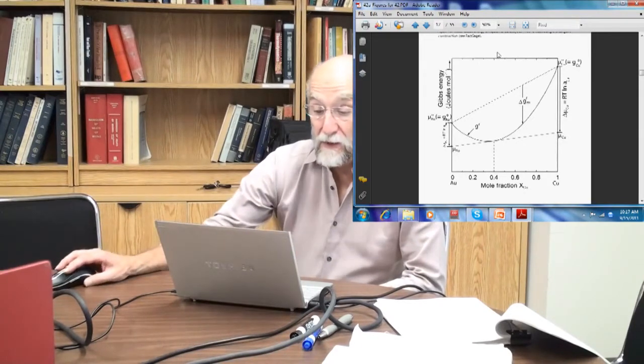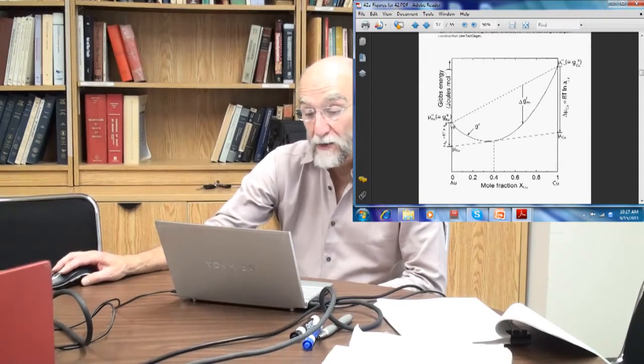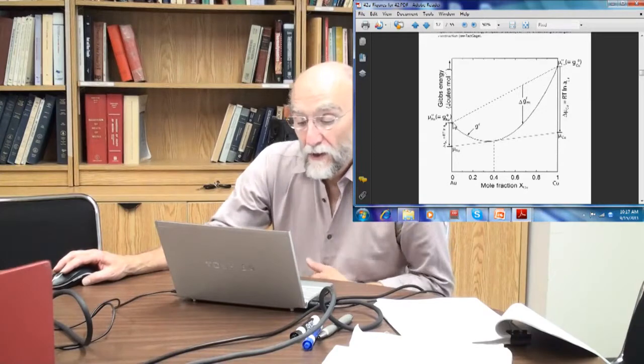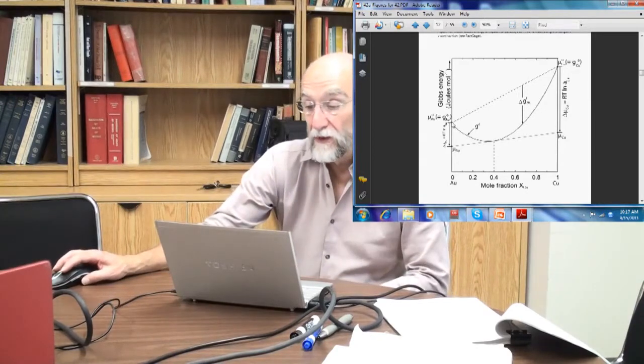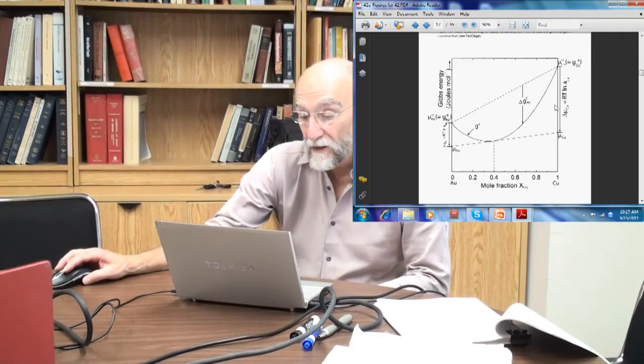Okay, the curve varies between this point here, which is the chemical potential of pure gold, or G naught of pure gold. This is an arbitrary point that I put here because there's no absolute zero for it, and this is the chemical potential, or the partial Gibbs energy, of pure copper. And these 2 points here are the chemical potentials of gold and copper in the liquid at that composition.